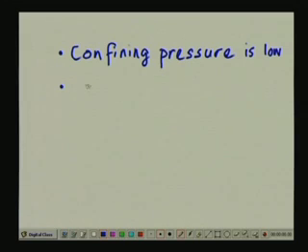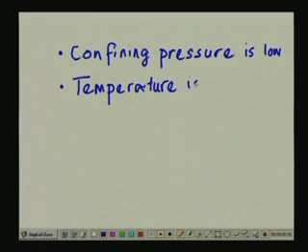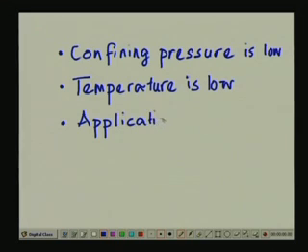Then the second important aspect is that the temperature should also be low, and the third aspect to consider is that the application of stress is relatively rapid.